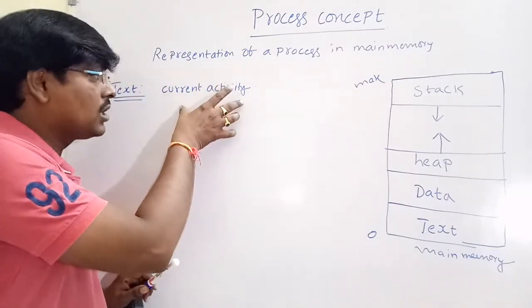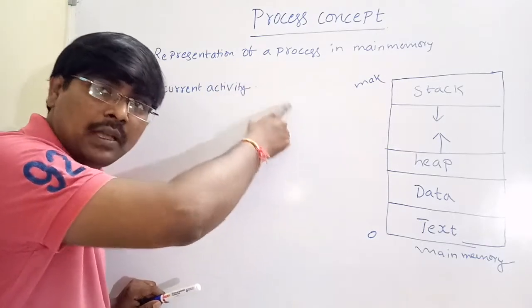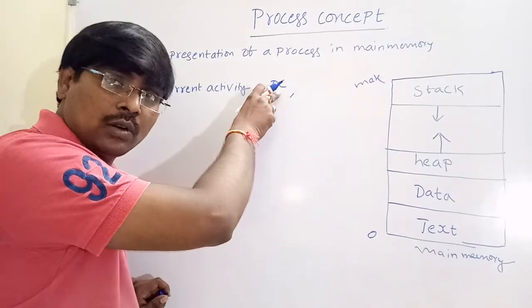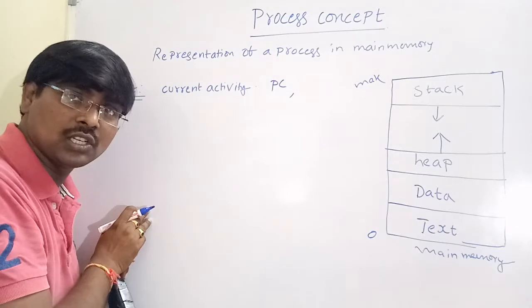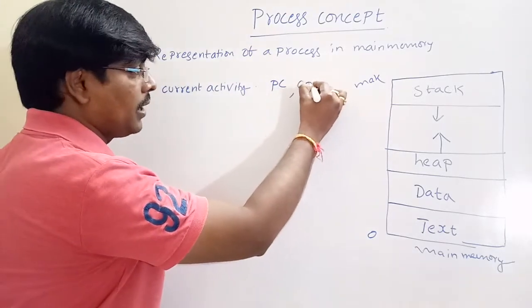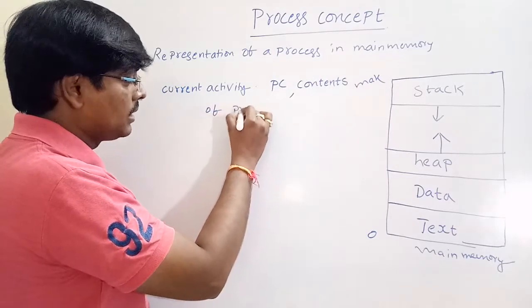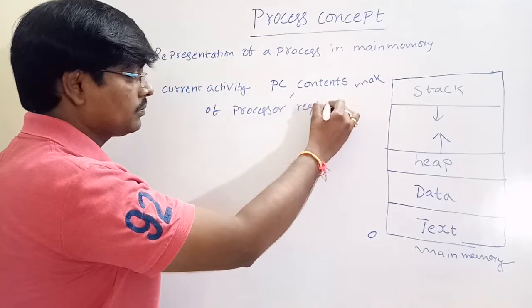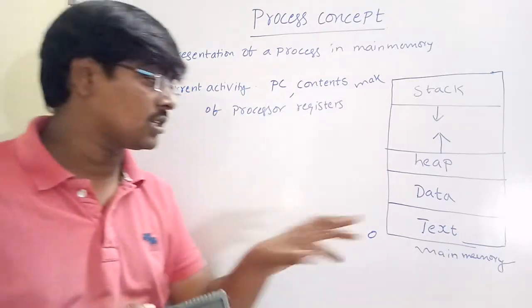So the text section contains the current activity that's specified by the value of the program counter, and also the contents of processor registers.